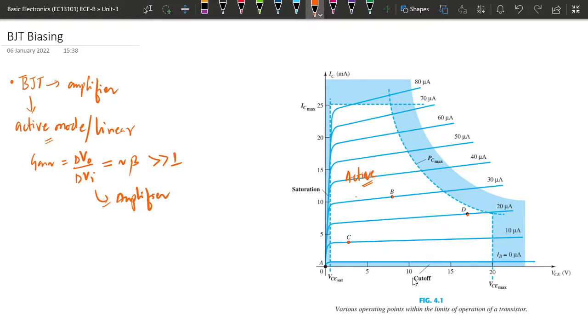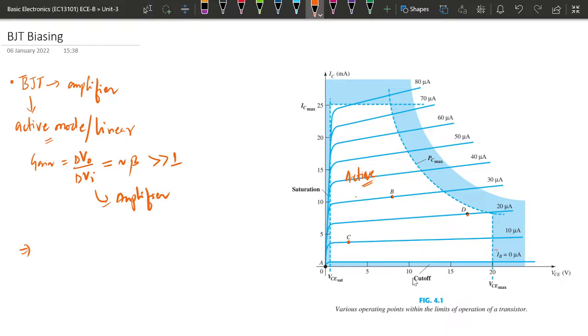But in this region also there is a point where the application of the BJT as an amplifier will be such that the amplification will not have any distortion. Suppose C is the operating point. Once we make this transistor operate at the C operating point, this operating point will be decided based on the current.